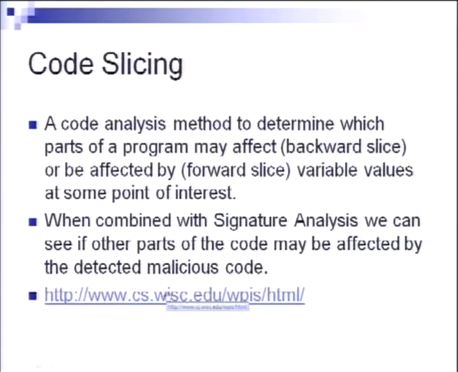So what is code slicing? It's pretty cool, actually. It's a code analysis method to determine which parts of a program may affect, which is a backward slice, going backwards in the program, or be affected by, a forward slice, variable values at some point of interest. So you have your big executable, you've done all the things that you need to do.